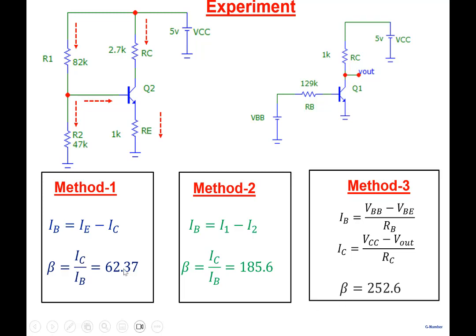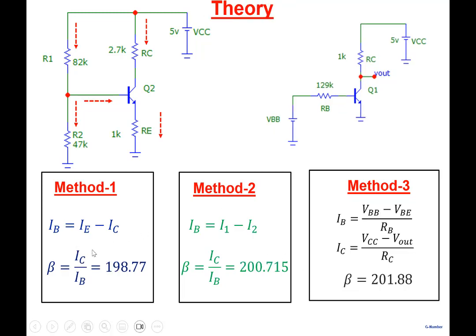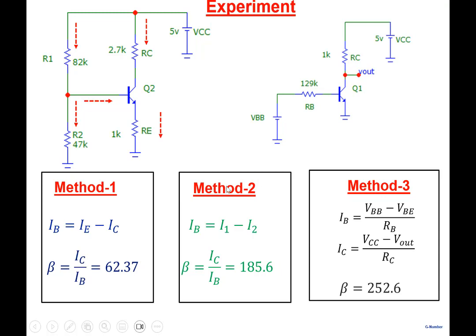The first one looks too low. It may not be correct, but that's not a reason. I don't want you to guess, but to have some reason for choosing one or the other. So in theory, all 3 are working fine, method 1, method 2, method 3, but in the lab, quite different.